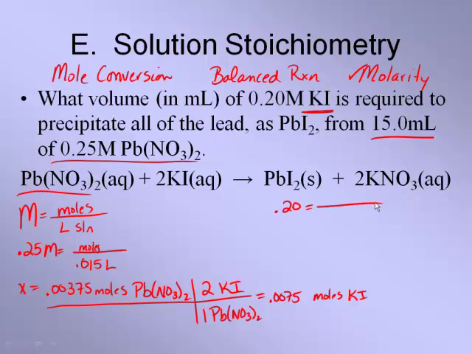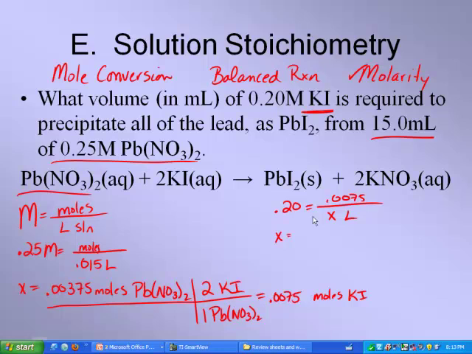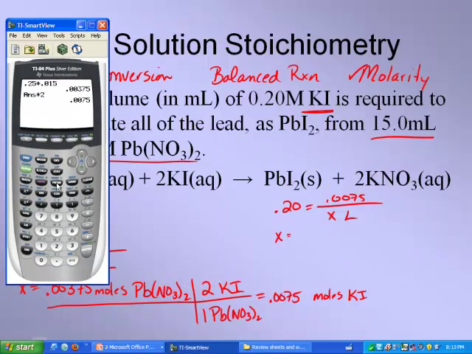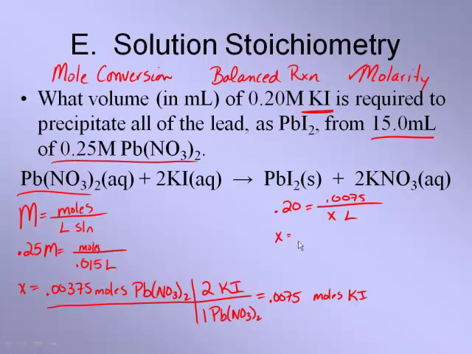0.20 molarity, 0.0075, and I solve for my liters. Cross multiply and divide. So I'm going to have 0.0075 divided by 0.20 is 0.0375.